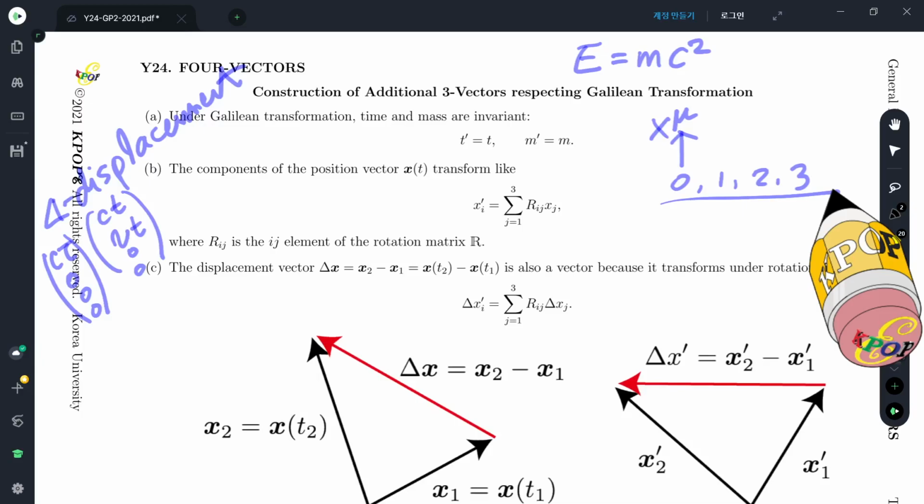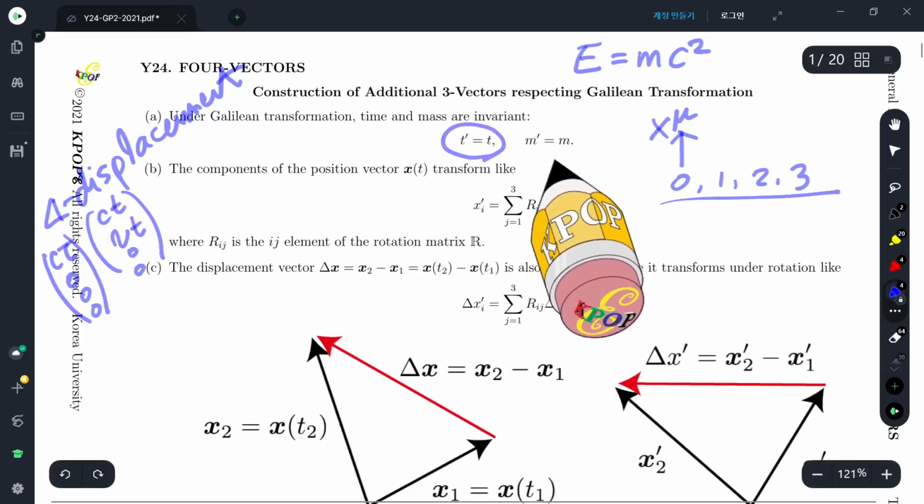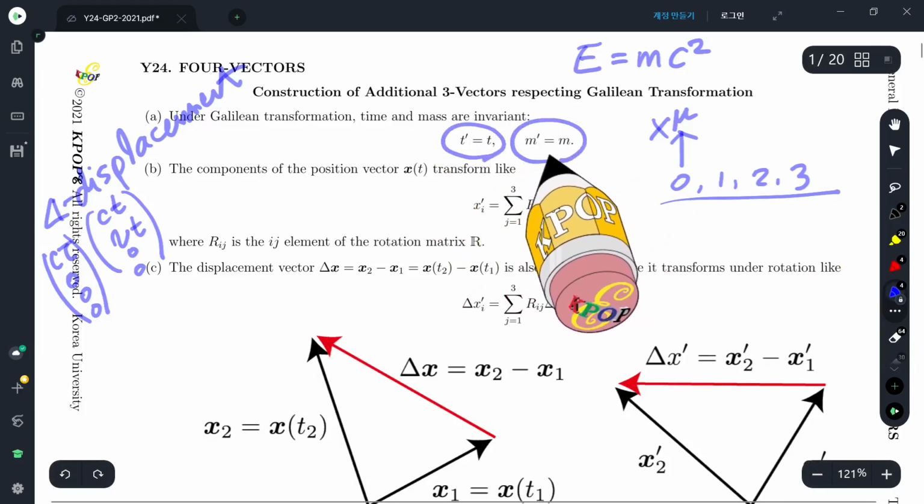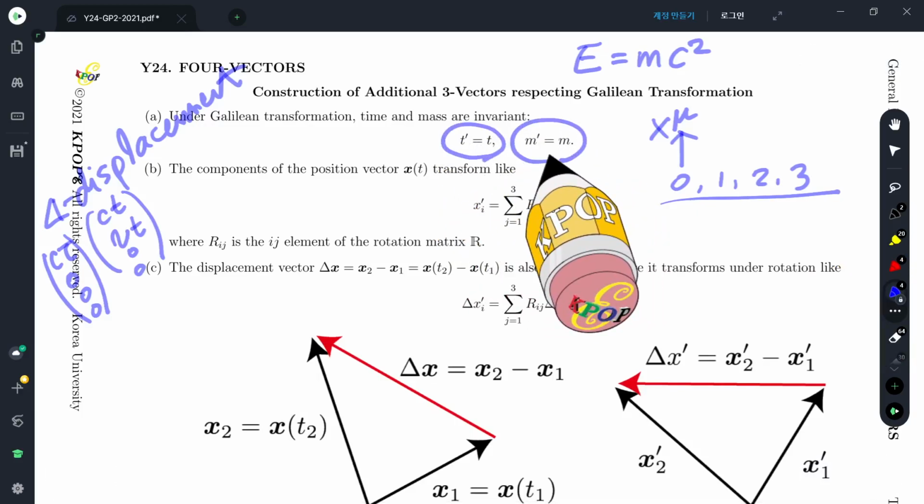So let us first review the Galilean transformation properties of the three-dimensional vectors defined in the Euclidean space. First of all, in Galilean transformation, time and mass, both of them are invariant quantities, so they are always the same in any inertial reference frame.